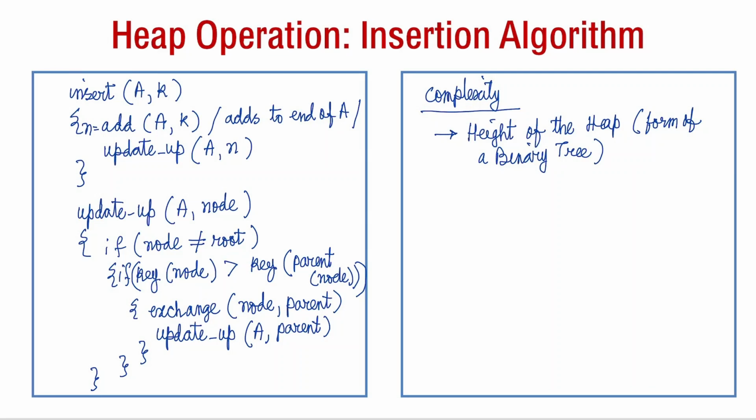It is obvious that since the heap is a complete binary tree, where every node other than the last few nodes at the last level has both children, if the heap has n nodes, it is log n. So the complexity of this insertion operation is log n. Adding a new node into a heap with a new key value will be of complexity log n.